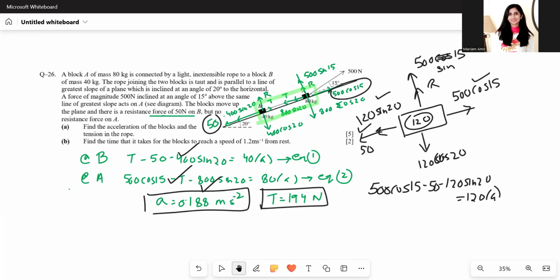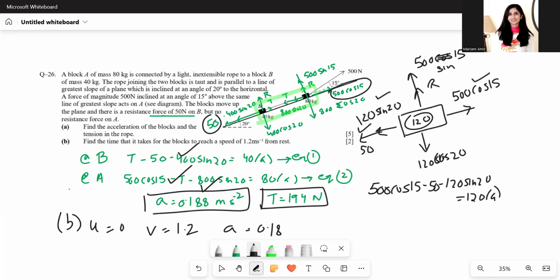Okay, part B says find the time that it takes for the block to reach the speed of 1.2 meters per second from rest. Okay, so for part B, u is 0, v is 1.2, and acceleration is 0.188. So we need to find the time. Okay, we should ideally use the unrounded value of a, which is 0.18782.